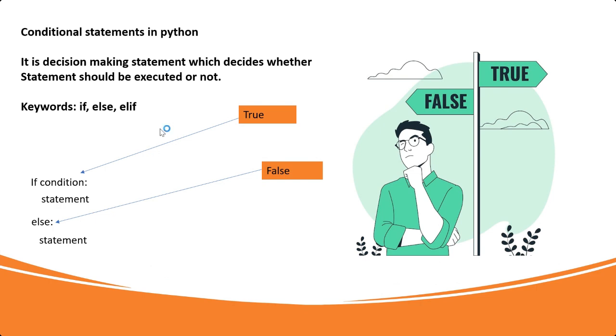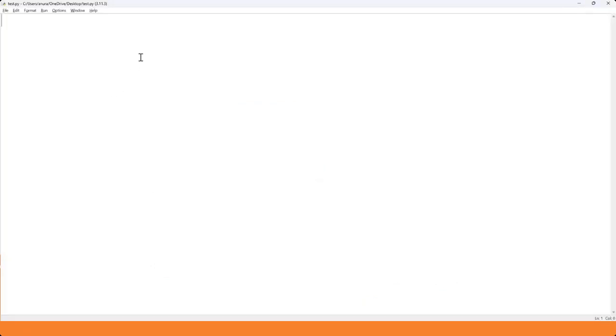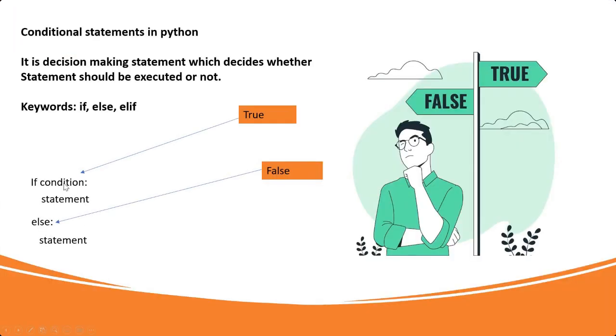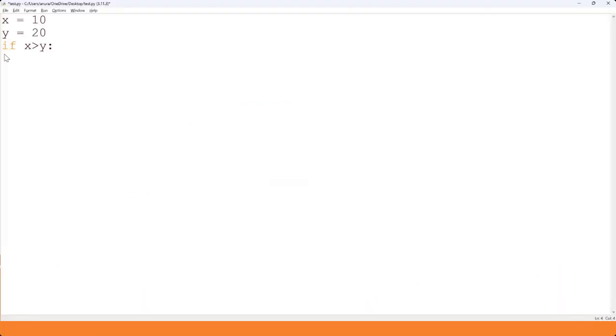So I'll go to my IDLE, and let's say I've got two numbers. Let's say I've got x equal to 10 and y is equal to 20. I need to find out which number is the greatest out of these two numbers, right? So I'll use the if keyword: if x is greater than y, colon, right? So this is my condition. As you can see over here, this is my condition.